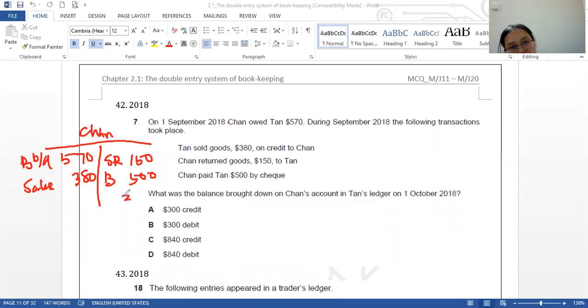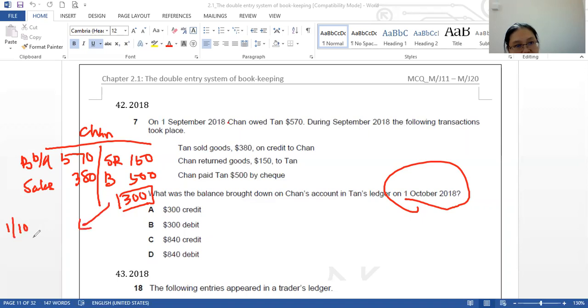So your balance is here, carry down. But they say that on 1st October, so it goes in here, and so from here to here it becomes debit. So your balance is 300 debit. So the answer should be B.